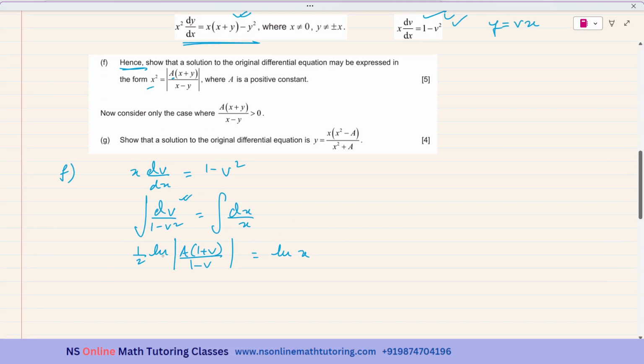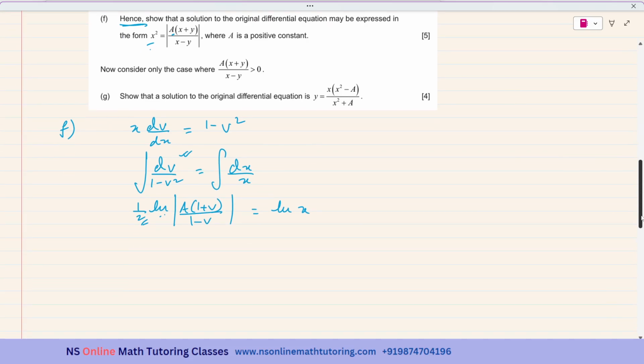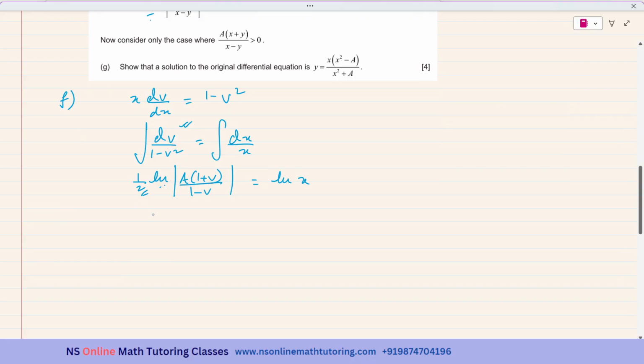So first thing is the two ln's can be cancelled, but I cannot have this coefficient, and I also need x squared. So I can do this. And another thing that I have to say is, you may be wondering, why didn't I take the constant of integration this side?